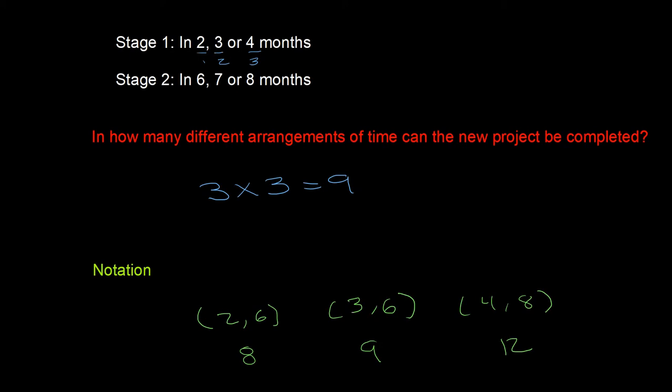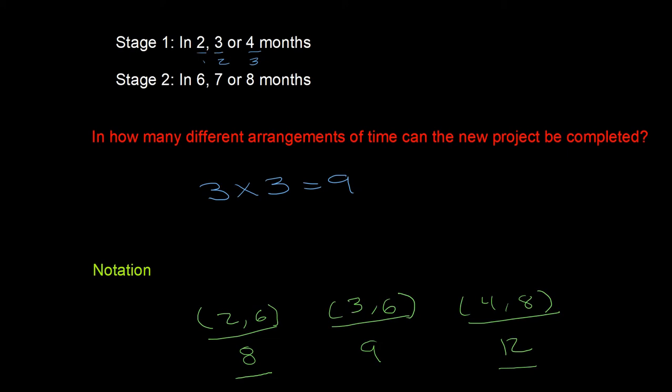So we know that the least amount of time that we can spend in our project is 8 months, and the most we're going to take is a year, 12 months. So let's use this pair notation to denote the time in the first stage and in the second stage.